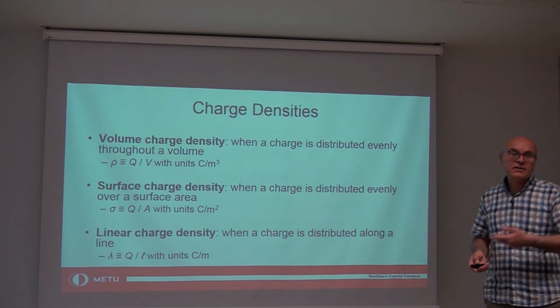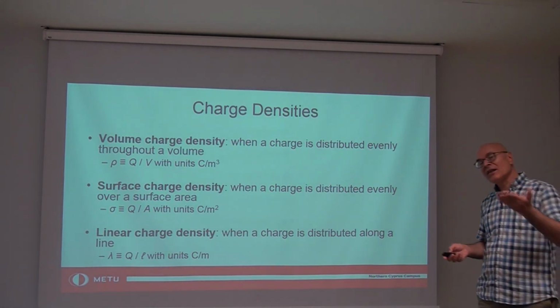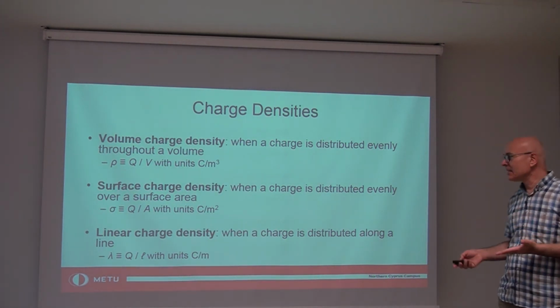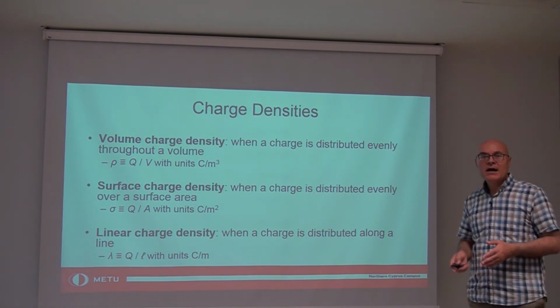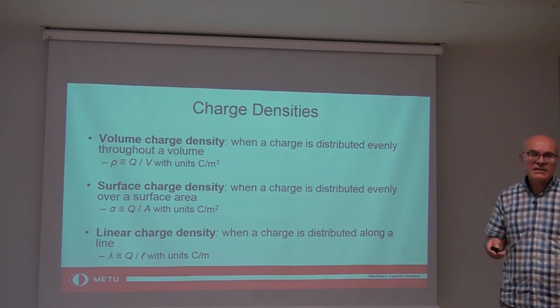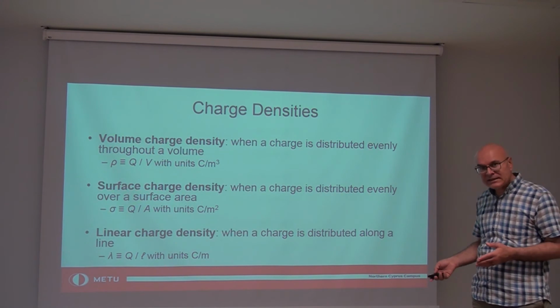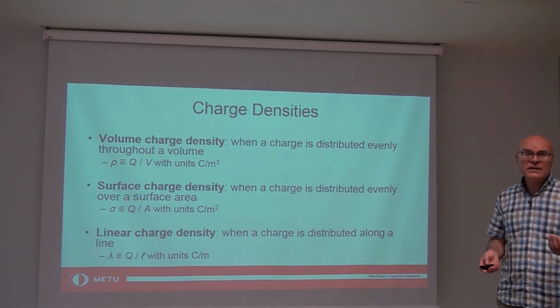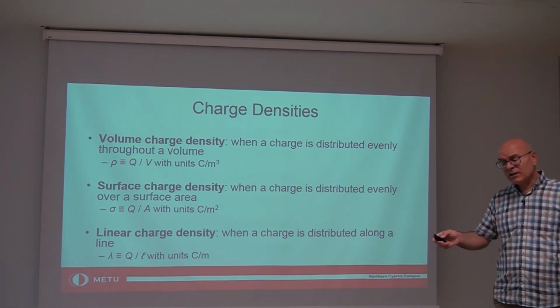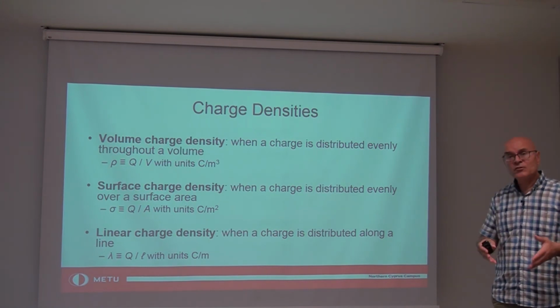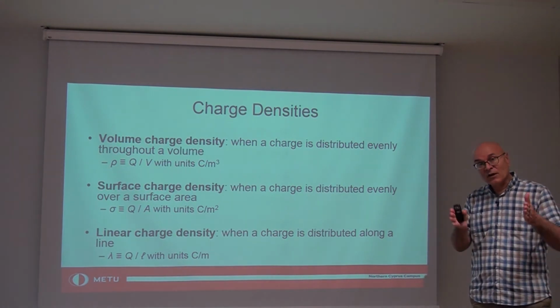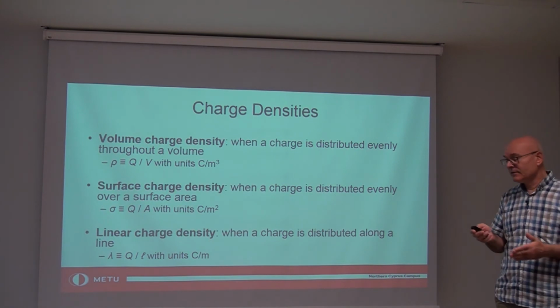If your charge is distributed over a line, then we have a linear charge density, and we usually call it lambda. This has the units of Coulomb per meter, and you get it by dividing the total charge that has been distributed over the line by the length over which this charge has been distributed.